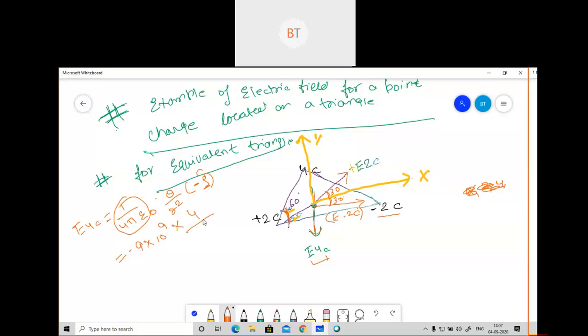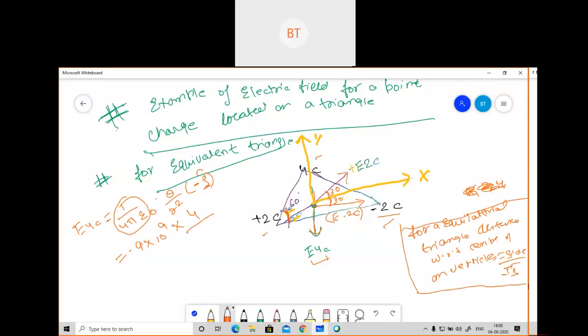For a triangle, remember this: for an equilateral triangle, the distance from the center to the vertices, this vertex, this vertex, this vertex, will always be equal to side upon root 3. So always remember this thing. This we have studied in basic maths also.